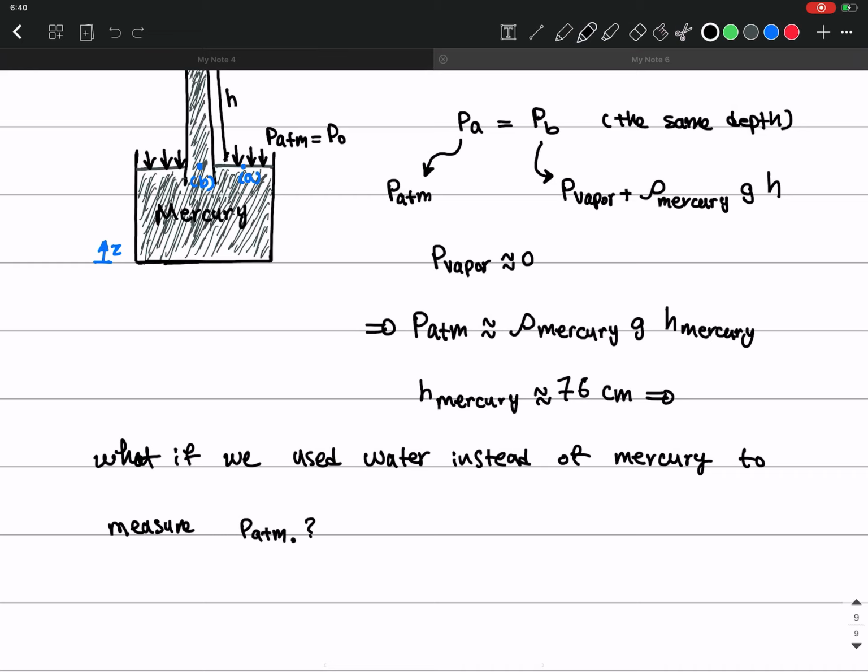The P atmosphere, as we know, is about 10 to the 5 Pascal.